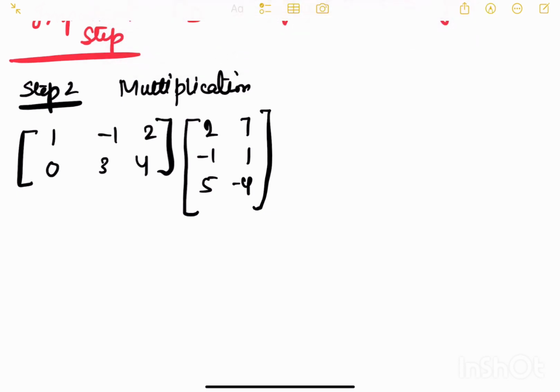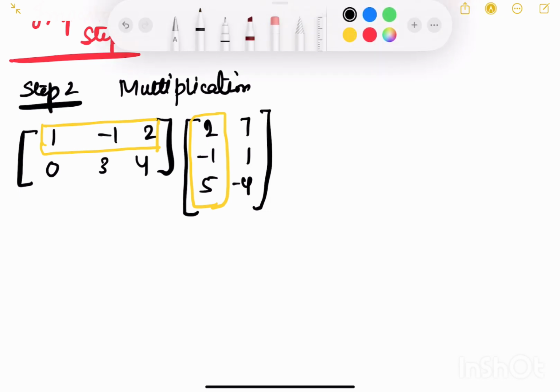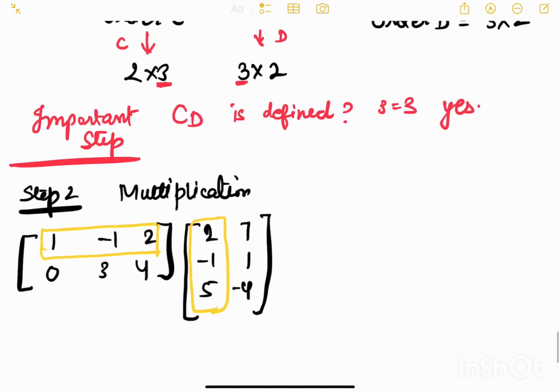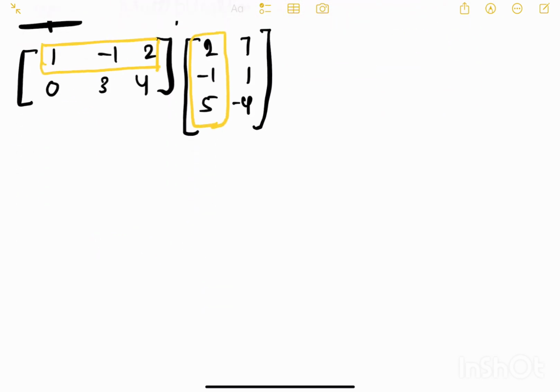My first important step is that in the first matrix which I'm writing, I have to consider the first row of that matrix, and in my second matrix, I have to consider the first column. But first of all, let me discuss what the resultant will be after multiplying.